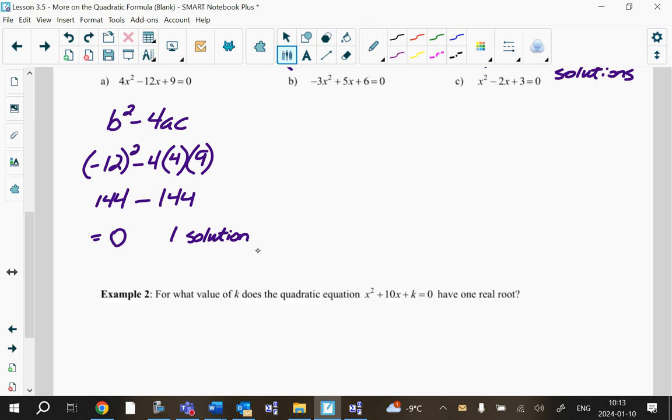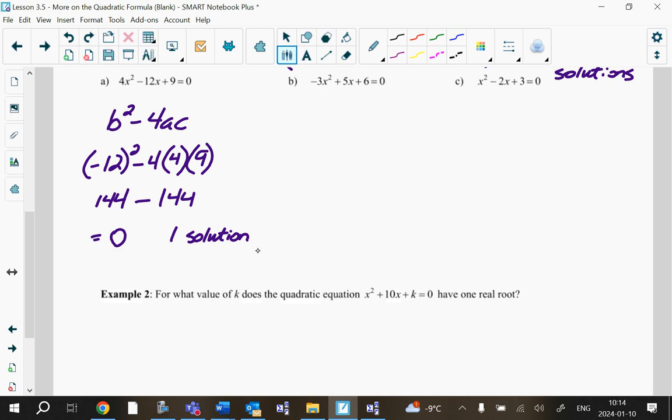Try the next one on your own, please. Pretty straightforward. Just need to figure out what A, B, and C are, put it into the discriminant, b squared minus 4ac, get the answer.